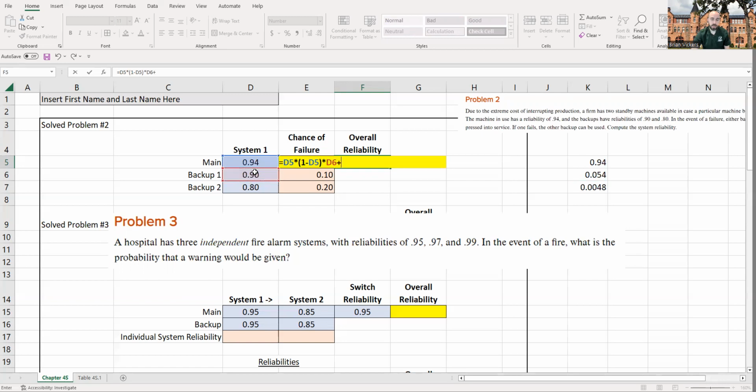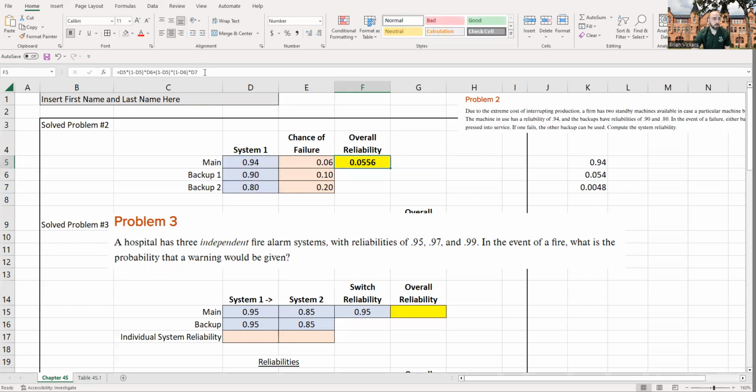Then I can add to that the chance that I need the second backup. So that's going to be a 1 minus this number, 1 minus 94 times, open parentheses again, 1 minus this number times the chance that the second backup works.